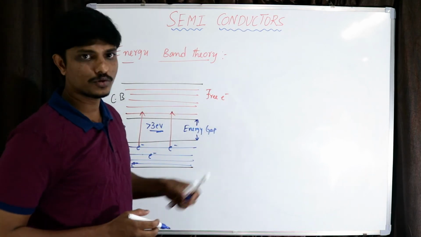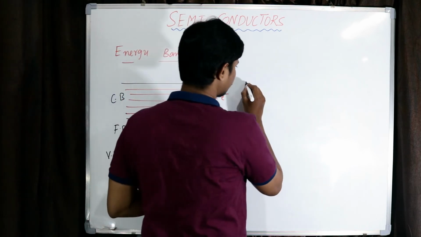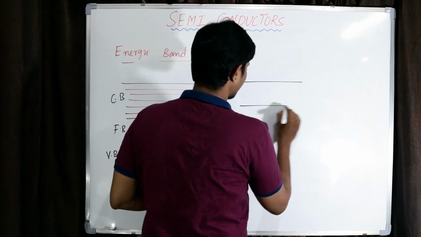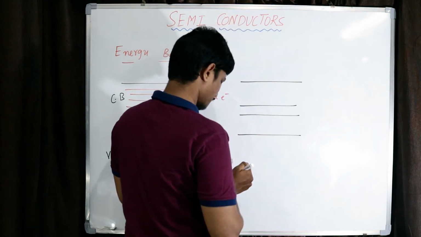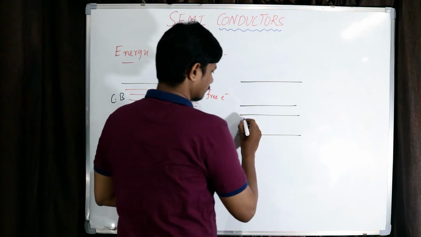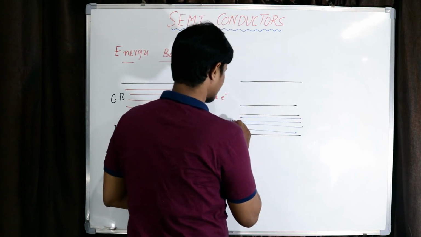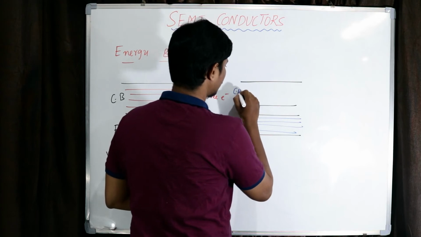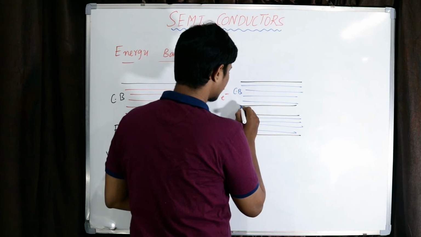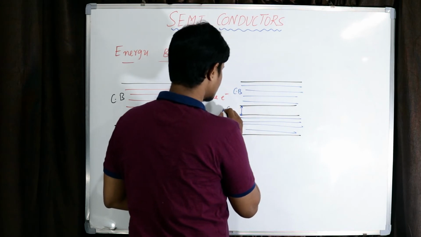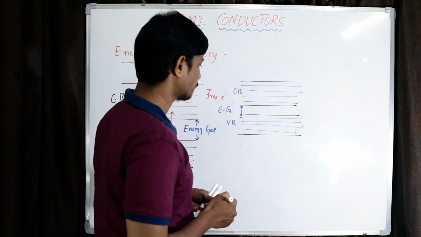Now comes semiconductors. For semiconductors, this is the valency band, this is the conduction band, and this is the energy gap or forbidden gap, whatever you call it.